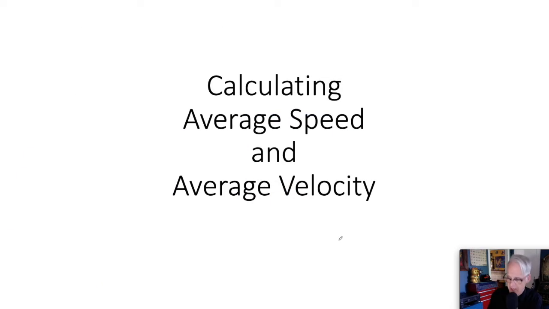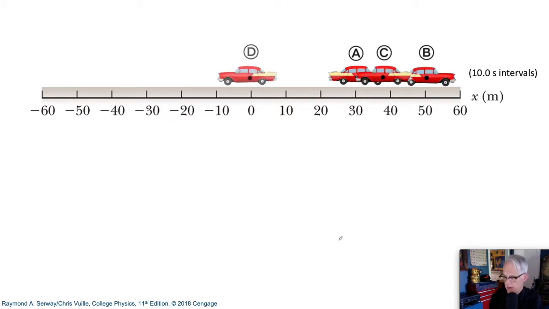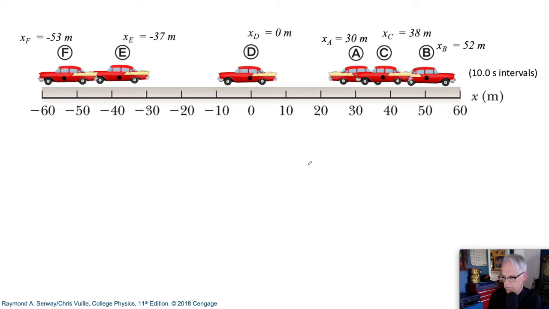Let's try calculating average speed and average velocity for an example car trip. In the last video, we calculated the distance and the displacement for a one-dimensional trip in a car. Now we'll set our time intervals to be 10-second time intervals. Let's show our positions at each one of these points.